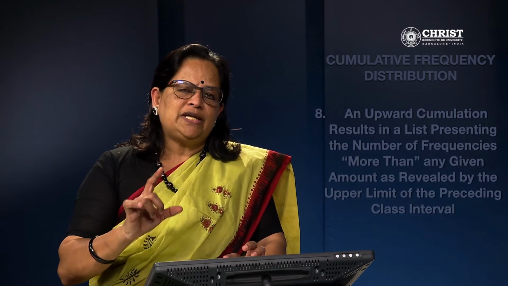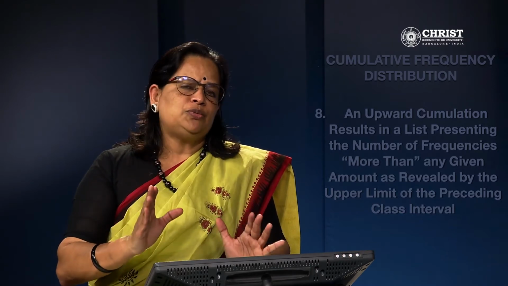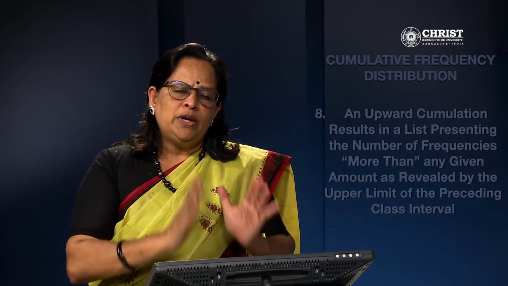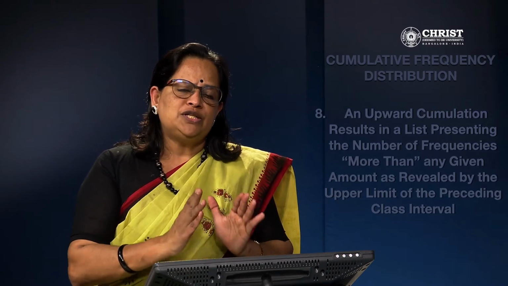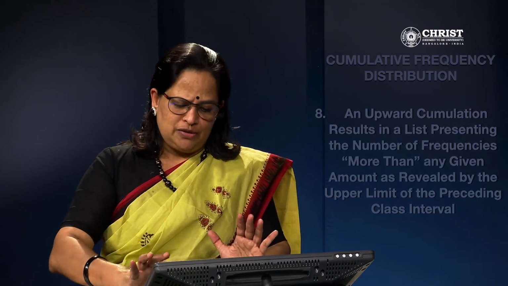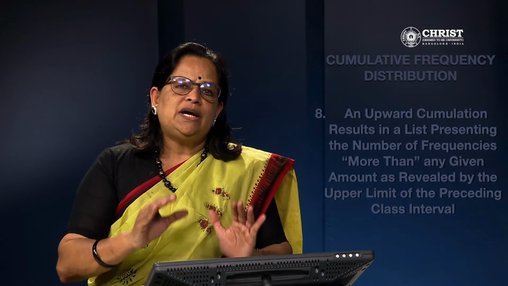So I am going to take an example, an ordinary frequency distribution, and explain how we can do the less than cumulative frequency distribution and more than cumulative frequency distribution. So this I am taking: prepare the cumulative frequency distribution, less than and more than.